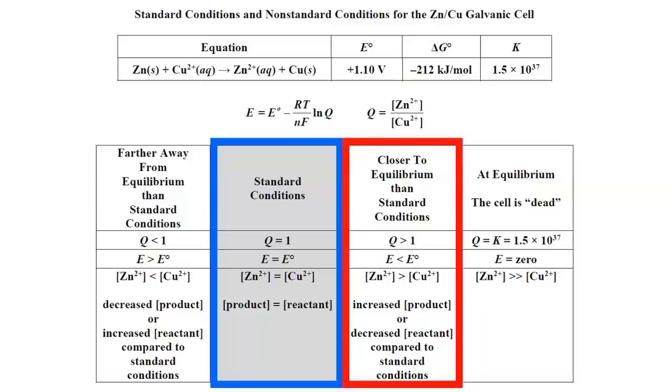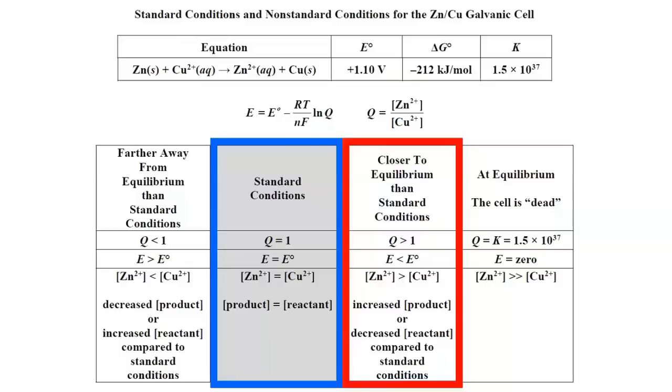But if you change to non-standard conditions that cause the system to move closer to equilibrium than standard conditions, now Q becomes greater than 1, and the cell potential is going to be less than the standard cell potential.